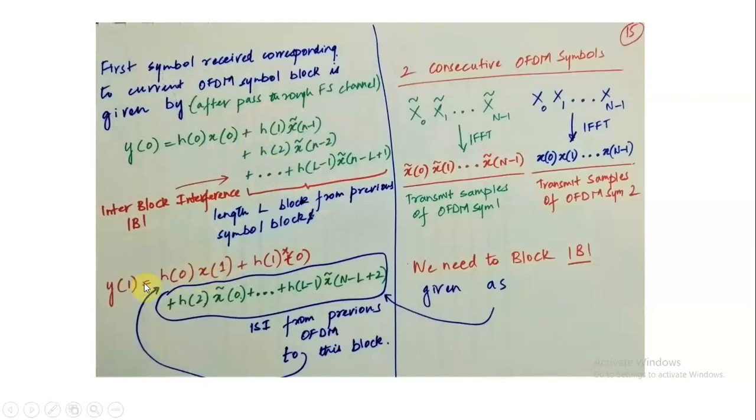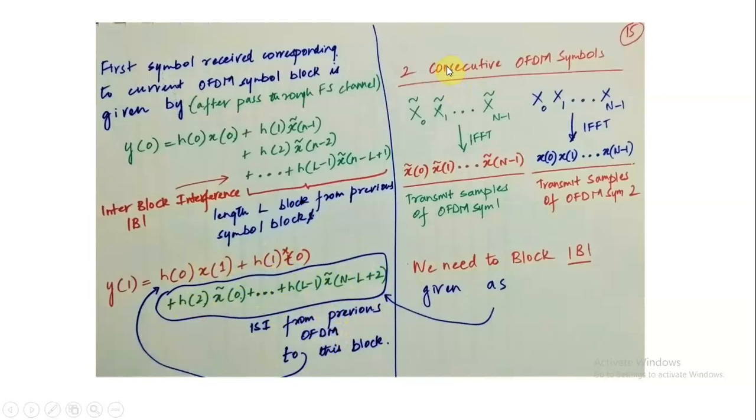y1, the second symbol to be detected, would be equal to h0 into x1 plus h1 into x0 plus h2 into the previous block, ISI from the previous block. So this is the current block and this is the previous block.